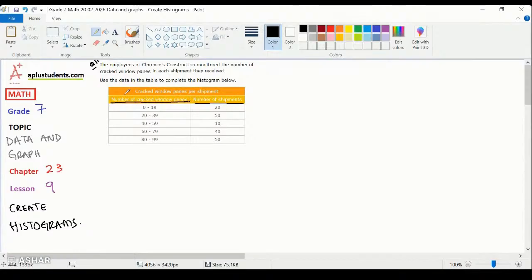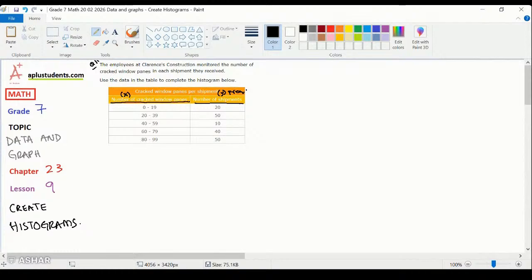The first value is always referred to the x-axis, and the second value is referred to the y-axis, which is referred to as frequency. So between 1 and 19, there were 20 shipments, right? 20 to 39, there were 50 shipments. 40 to 59, there were 10 shipments, and so on.